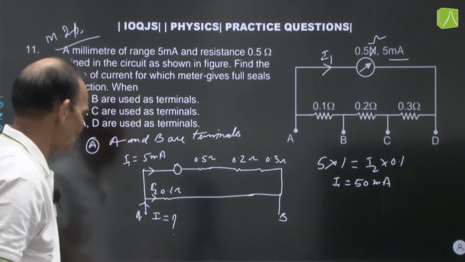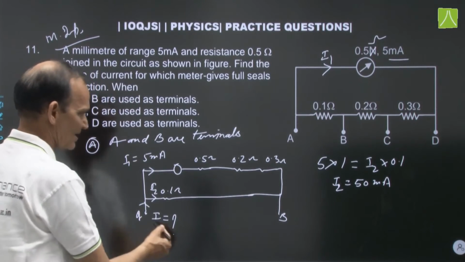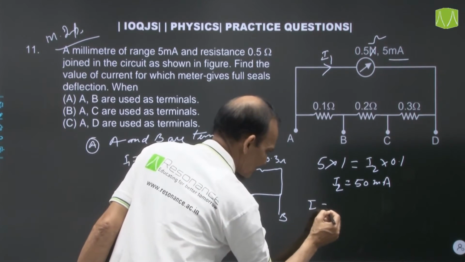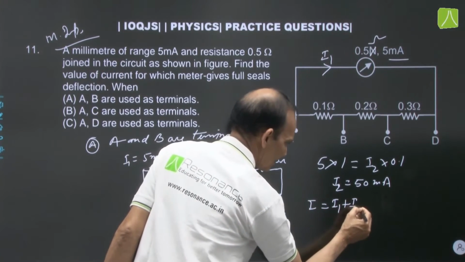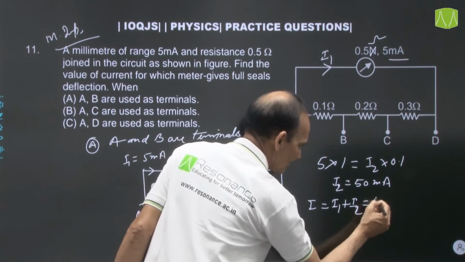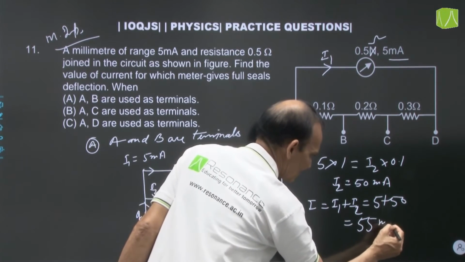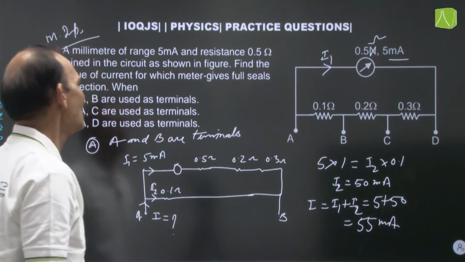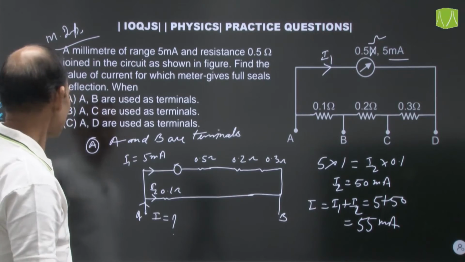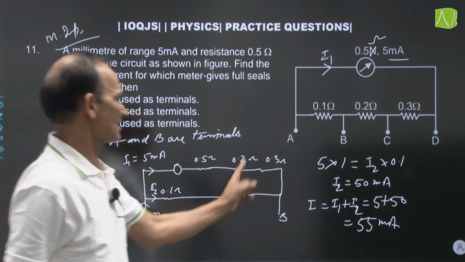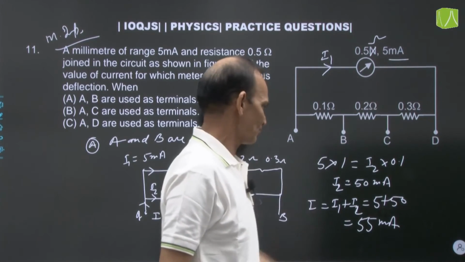What we have to find is the total current I. So I will be equal to I1 plus I2. I1 already given, 5 plus 50, that is how much? 55 milliampere. That is the answer of A part. Now the second part is A and C are terminals. So this resistance will be connected in series. Now think about it.